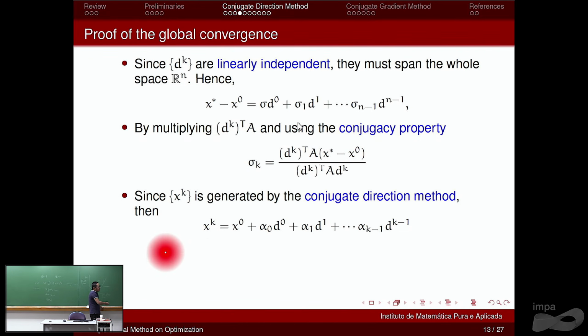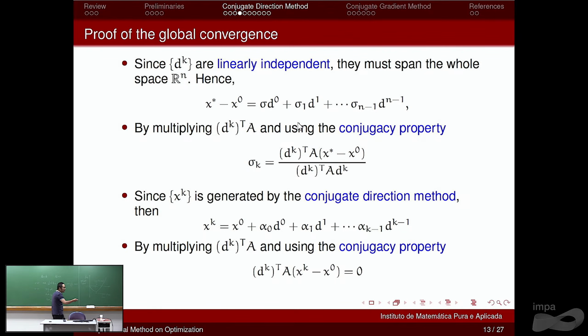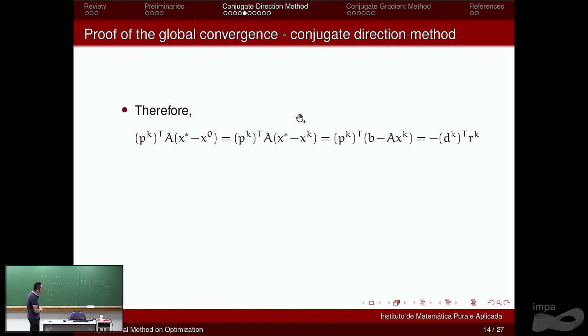So you rewrite it down to x0: xk equals x0 plus alpha 0 d0 until alpha k minus 1 dk minus 1. Then we also multiply Dk transpose A on both sides and use the conjugacy property on the right side. Then you get this property: Dk transpose A (xk minus x0) equals 0.